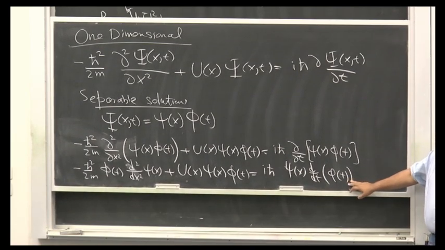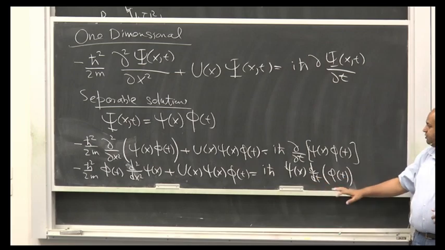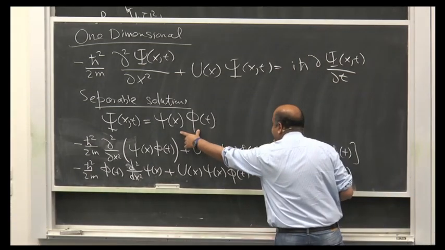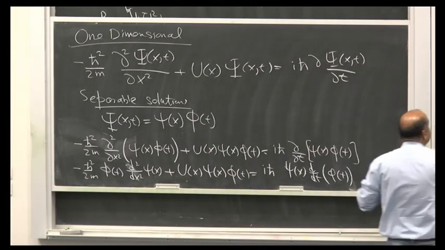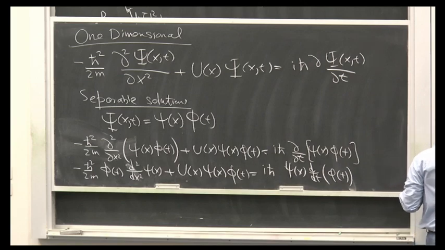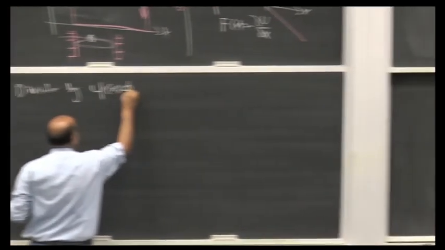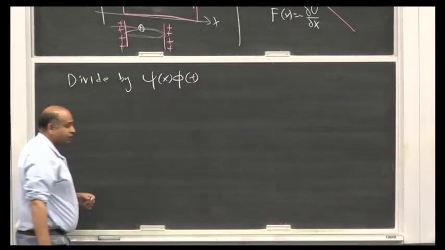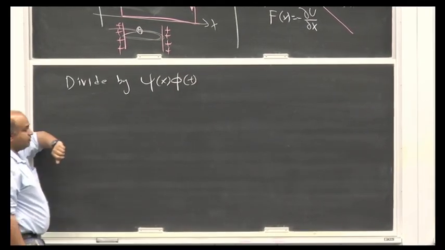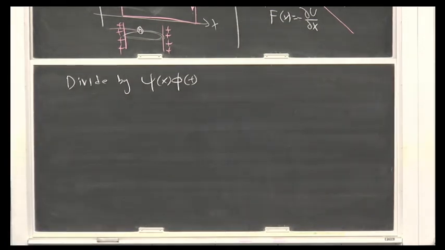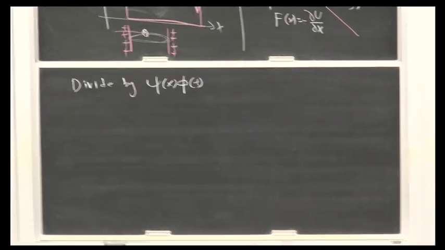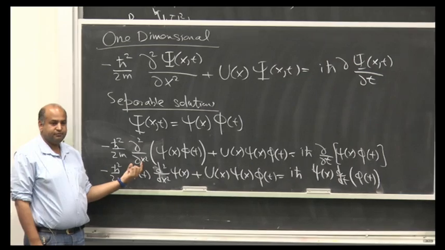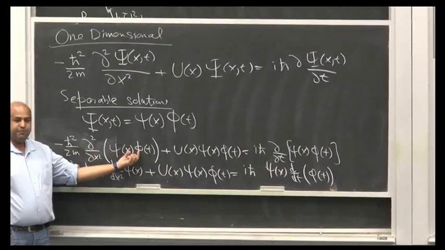divide this last equation everywhere by psi and phi. Okay, so last में मैंने ये किया, ये देखिए, ये डेरिवेटिव विद रिस्पेक्ट टू x, एक x पार्ट है, एक t पार्ट है.